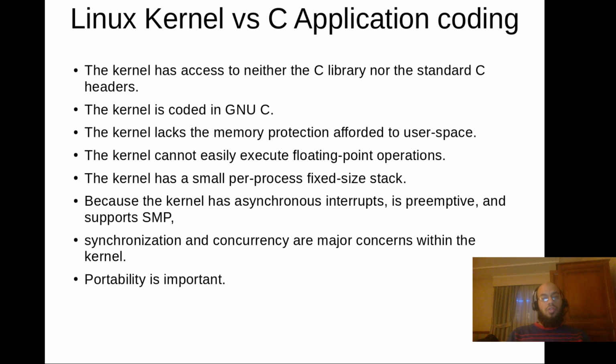The second major difference that I would say is that the kernel has no access to the C library. So everything that you need is actually implemented inside Linux. And by that I mean, Linux runs on the core kernel. It does not have the luxury of including things from the C library.